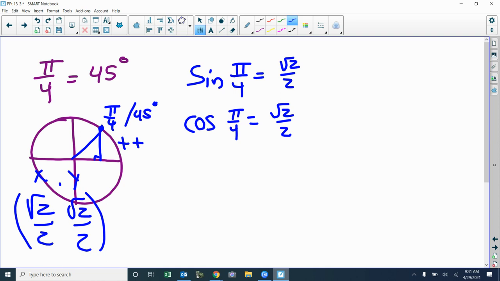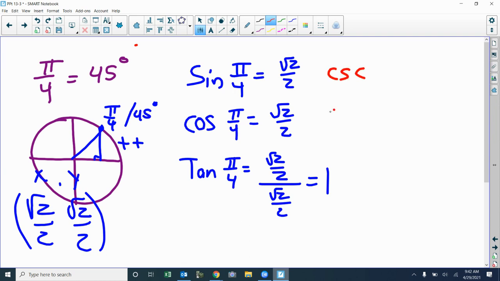Sine, cosine, my tangent of pi over 4 is what? Square root of 2 over 2 divided by the square root of 2 over 2. Now, that's not brain surgery. It's the same thing divided by the same thing, so it ends up being what? 1. And those are all positive, right? So there's your sine, cosine, tangent of the 45.